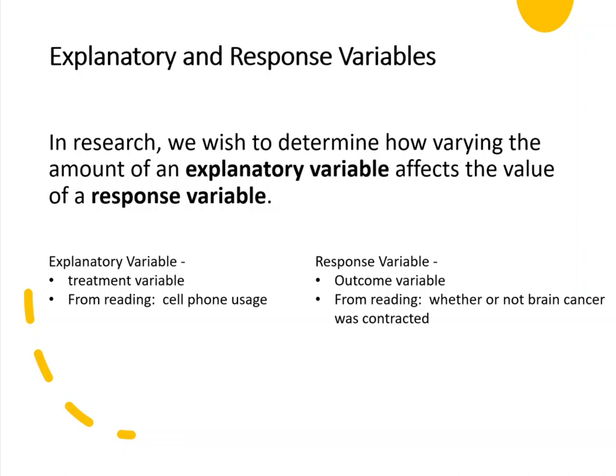To define these terms, our explanatory or treatment variable in that study is going to be the cell phone usage. And then we're looking at whether or not that cell phone usage impacted an outcome of brain cancer. So the response variable, or the outcome variable, to this study would end up being brain cancer.